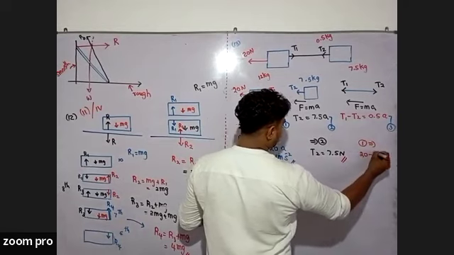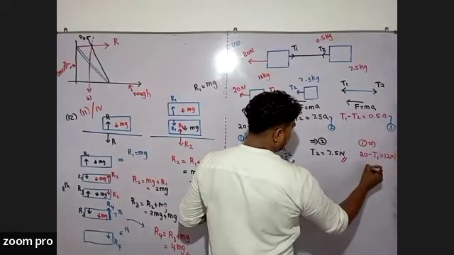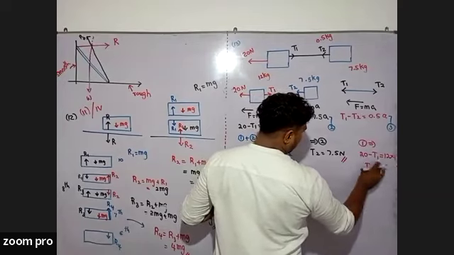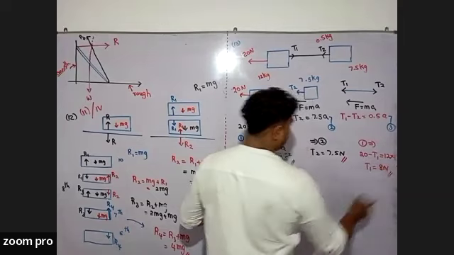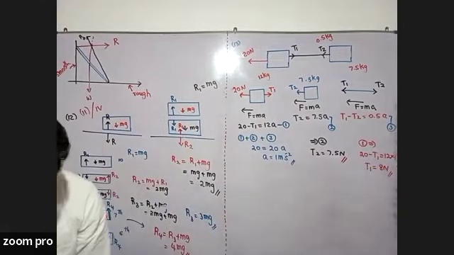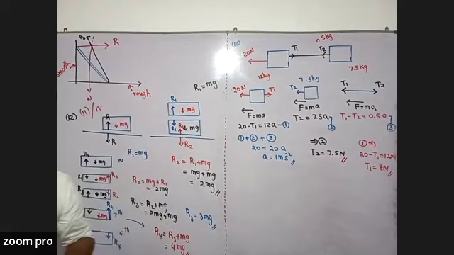Then 20 minus T1 equals 12 times a. That means T1 equals 8 Newton. So the answer should be C, that means the third one.